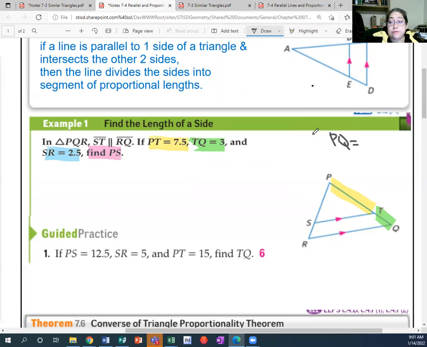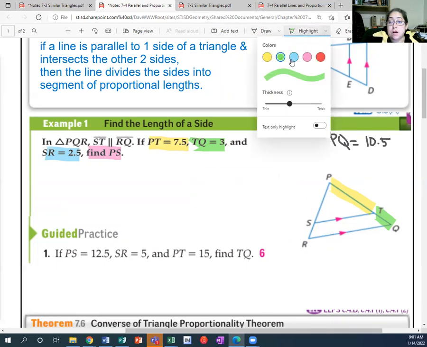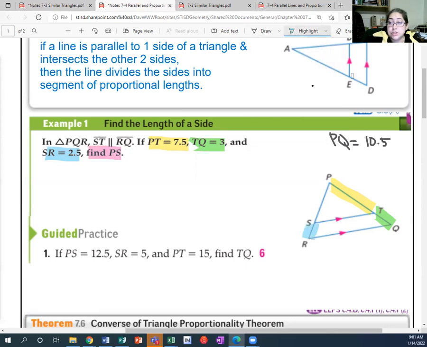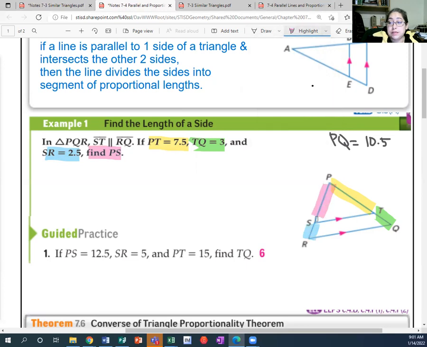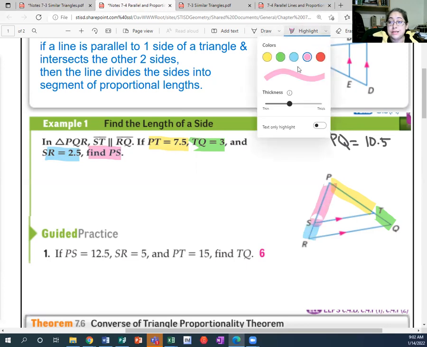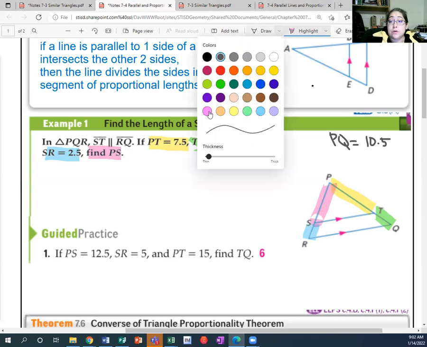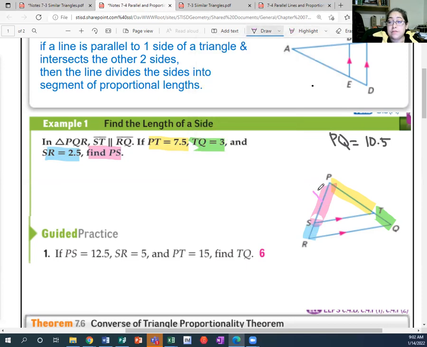So 7.5 plus 3. All right, let's find where SR and PS are. SR is here, 2.5, and we're trying to find PS, which I don't know, so I'm going to make that my variable. I'll call this X.